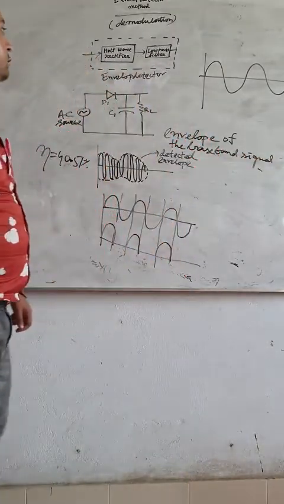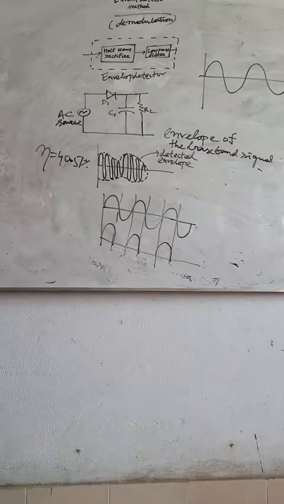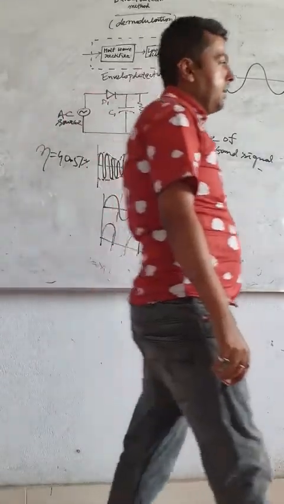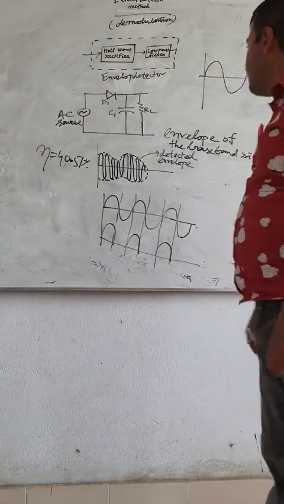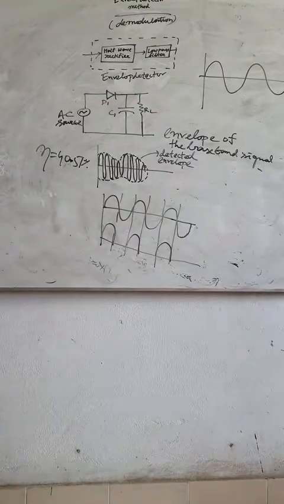Our aim is to detect the envelope of the baseband signal, only the envelope. We are detecting the envelope of the original modulating signal, that is called the baseband signal of the system.